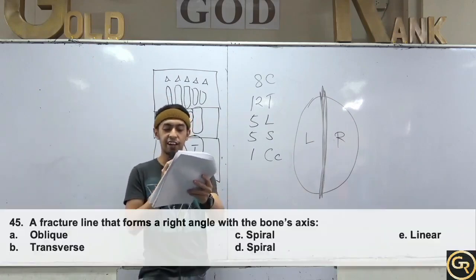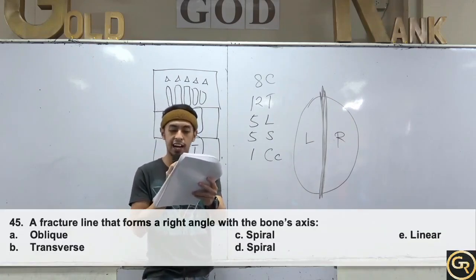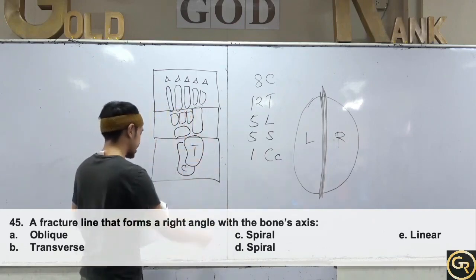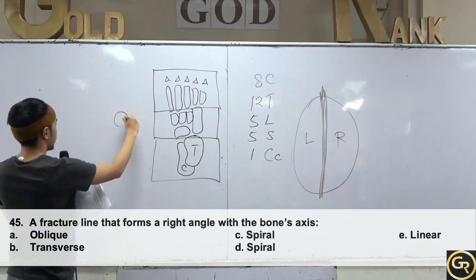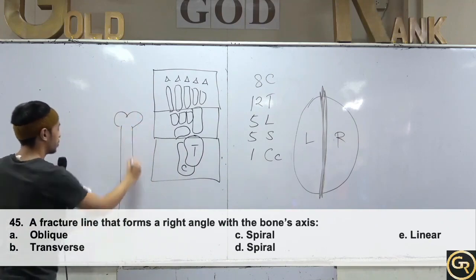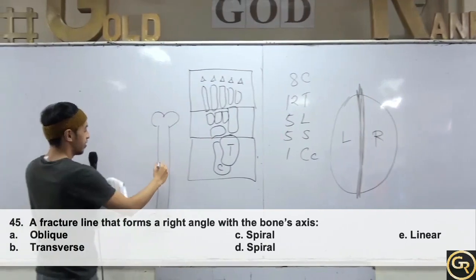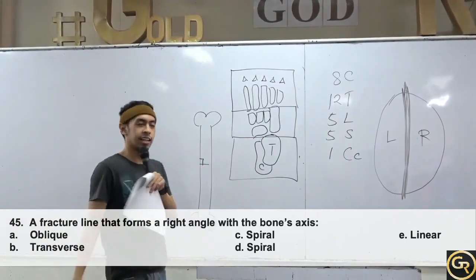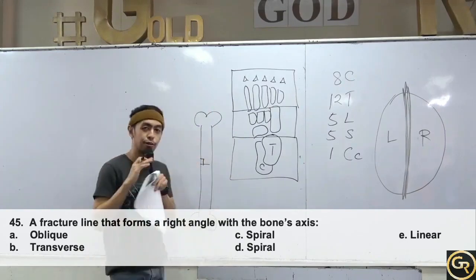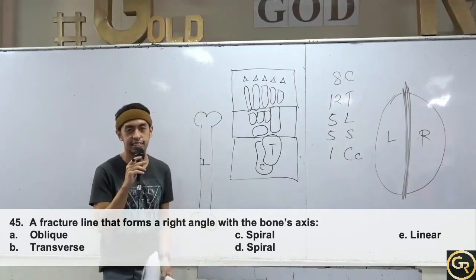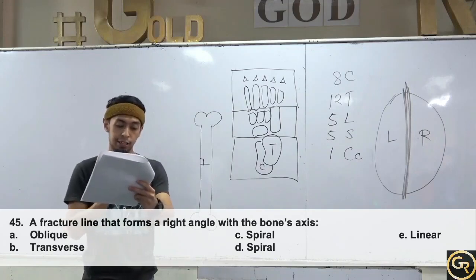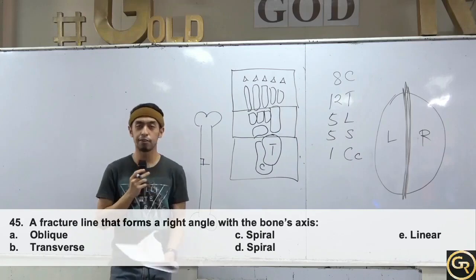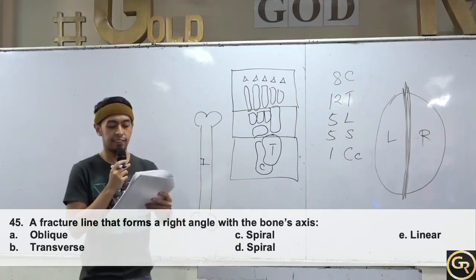45, a fracture line that forms a right angle with the bone's axis. If you draw a bone, for example, if I draw a bone here, and there is a fracture line that occurs at a right angle with respect to the bone's axis or longitudinal axis, that would be termed as your letter B. Correct, it's your transverse fracture.